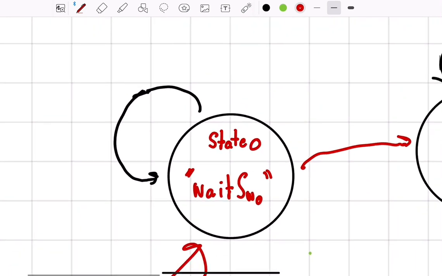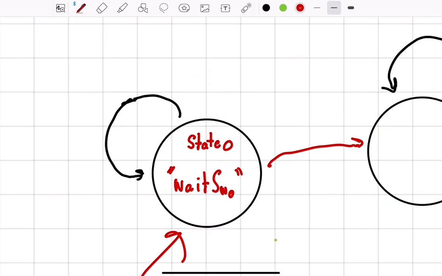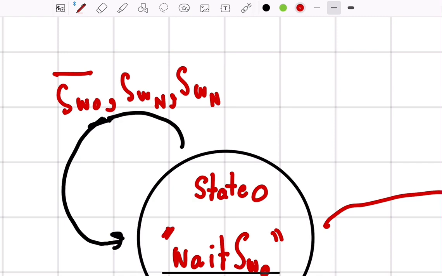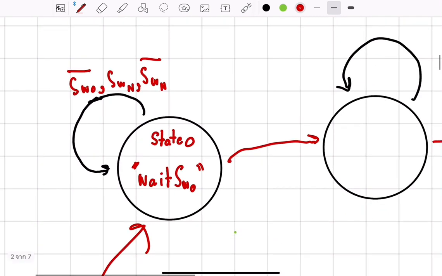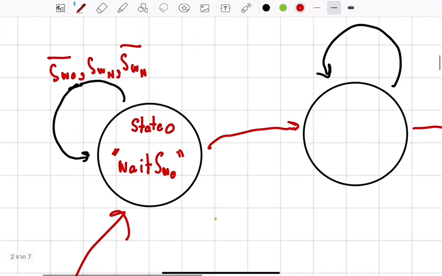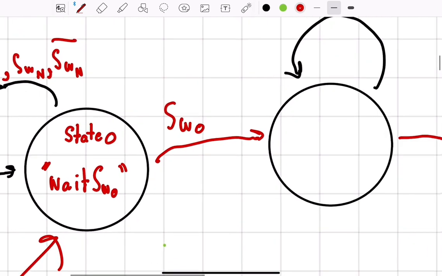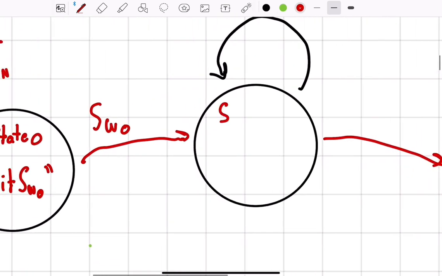And if I don't put switch 0, yes, it returns and works again in state 0. If I put switch N or not switch N, it works again in that state 0. When I push switch 0, it goes to state 1.